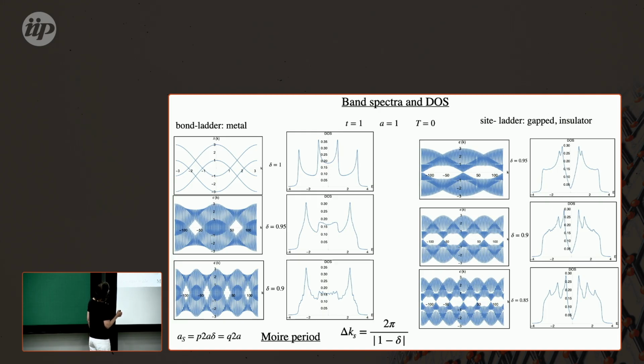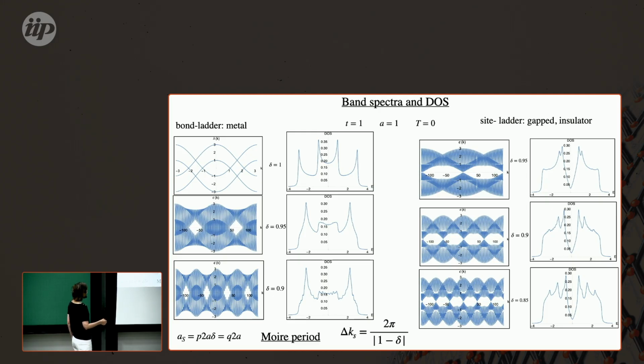And then delta equal to 0.95. The system remains a metal, but these two Van Hove singularities go lower, so there are less states available, and this is what happens when you change delta.